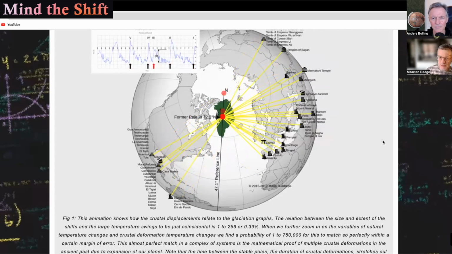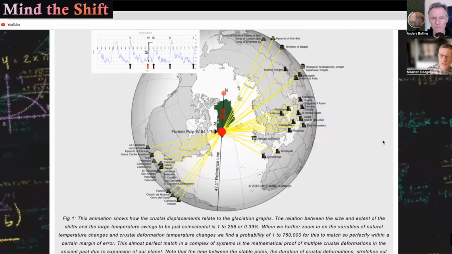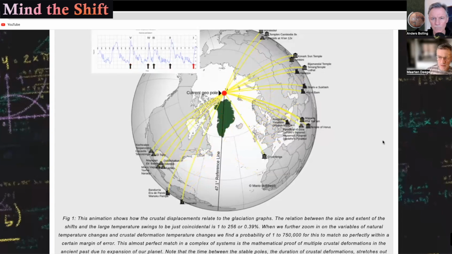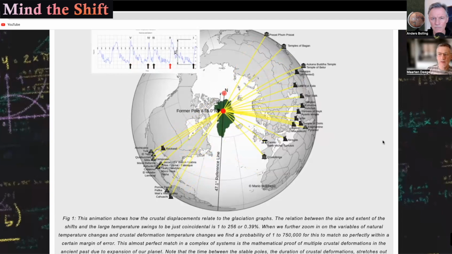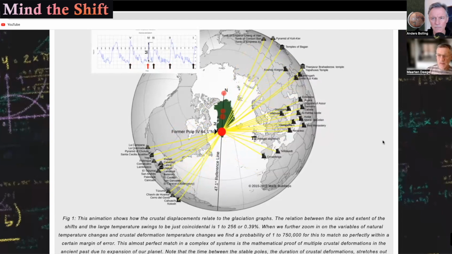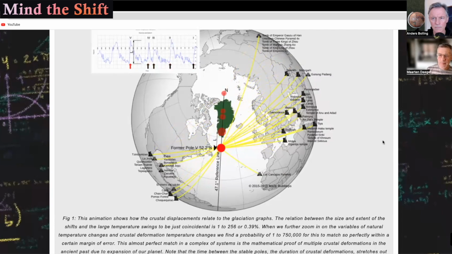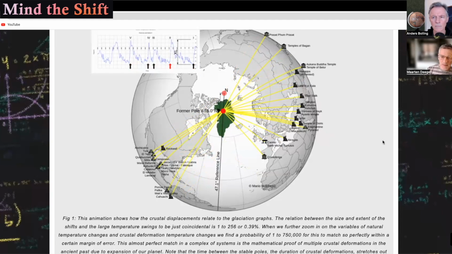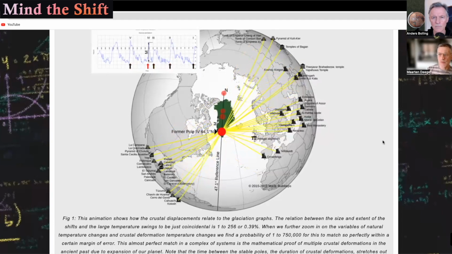If the North Pole moved so much, and the South Pole moved as well, you would never find this matching pattern. So my conclusion is that this proves that the South Pole did not move, or hardly moved.